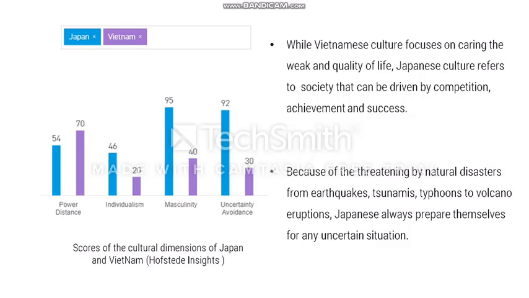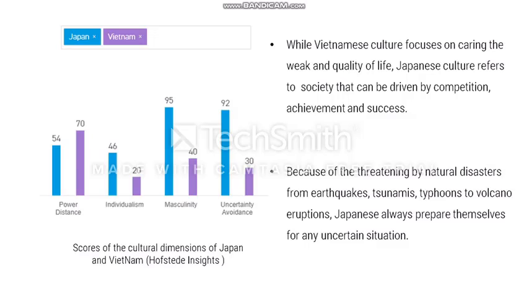Here is another graph that shows you the scores of the cultural dimensions of Japan and Vietnam. You can see that while Vietnamese culture focuses on caring for the weak and quality of life, Japanese culture refers to a society that can be driven by competition, achievement, and success. Japan has a high score of masculinity with 95.